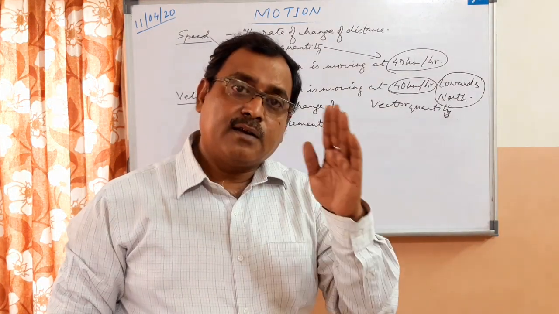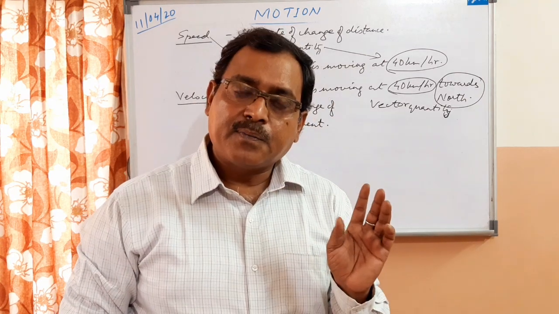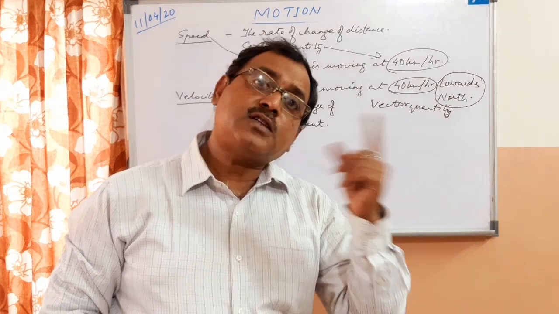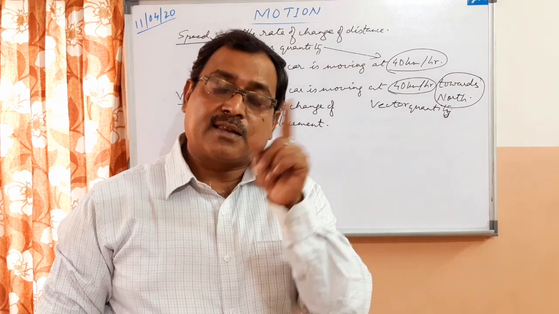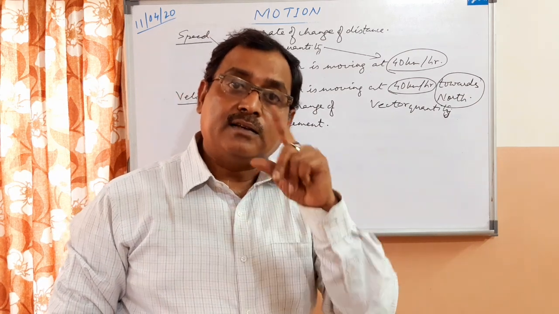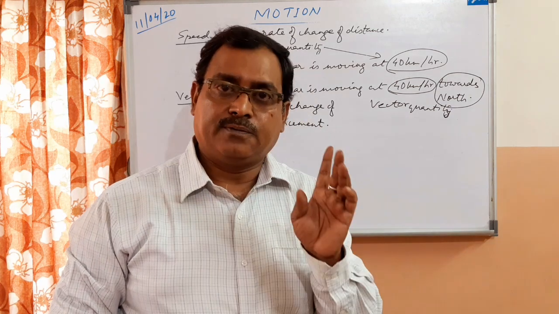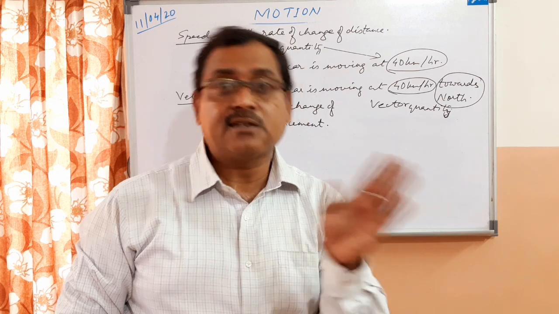Second point in displacement is a vector quantity. Third point, distance is always positive. And third point in displacement will be displacement can be positive, negative or zero. Clear? So that is this difference between distance and displacement.